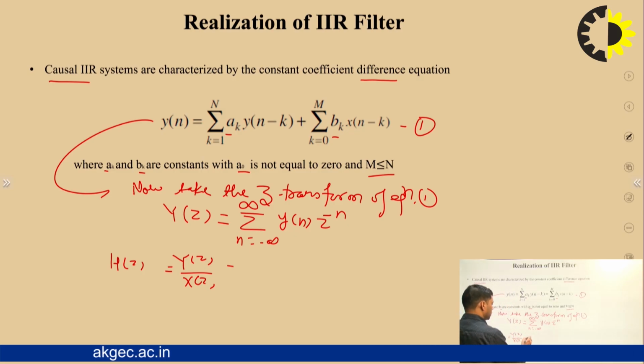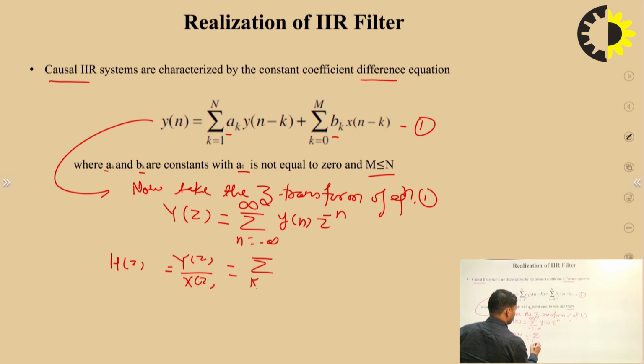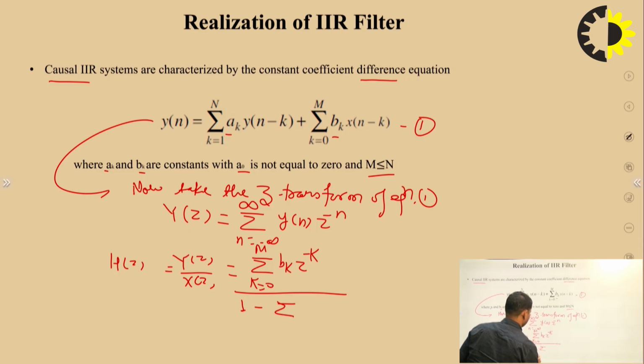It is given by summation of k equals 0 to M b_k z raised to power minus k upon 1 minus summation of k equals 1 to N a_k z raised to power minus k.